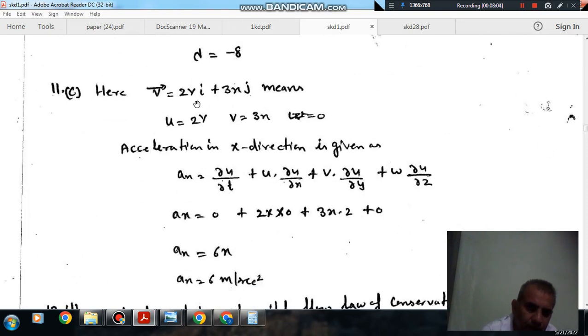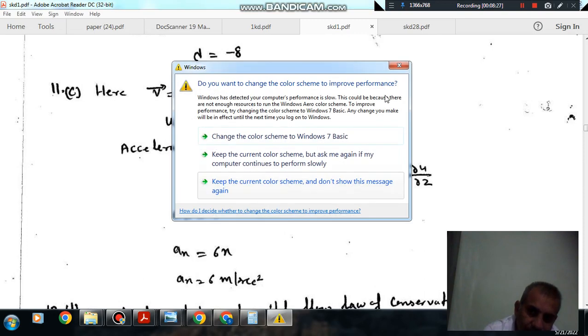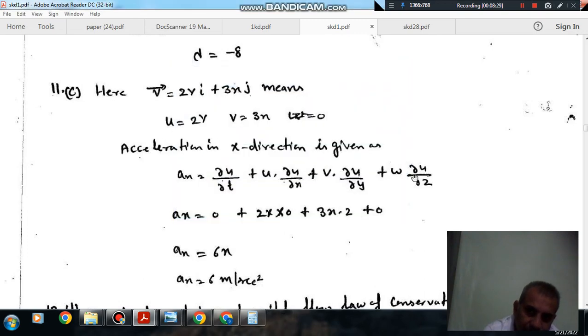So u is 2y, v is 3x, and w is 0. Acceleration in the x direction is du/dt, which will be equal to ∂u/∂t + u ∂u/∂x + v ∂u/∂y + w ∂u/∂z. This first term is 0 because it is independent of t, and this is also independent of x, so it is also 0.